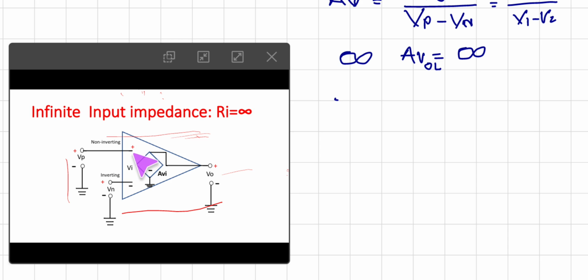So here we see that the resistance between this and this terminal is infinite, and if this terminal resistance is infinite, the current is 0. Remember, it is very important to know that in case of ideal amplifier, input impedance is infinite, and that is why input current flowing between this terminal is 0. So similarly you see that output impedance is 0.